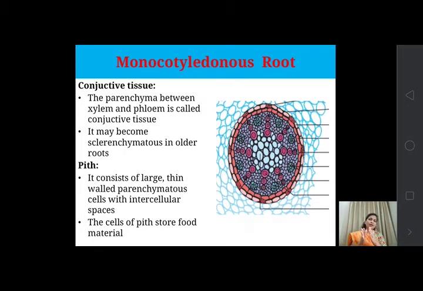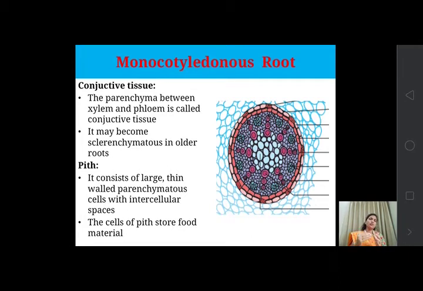So it may become sclerenchymatous in older roots, like the pericycle. Okay, so it becomes thick walled, or due to the deposition of suberin material, it becomes sclerenchymatous. Okay, so this conjunctive tissue is present in less number, or in some cases it may be absent, but in case of maize it is present.